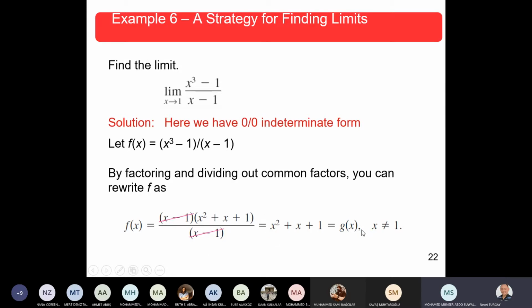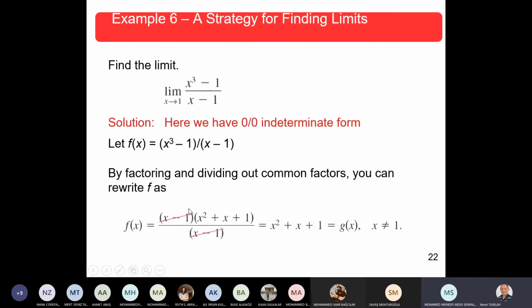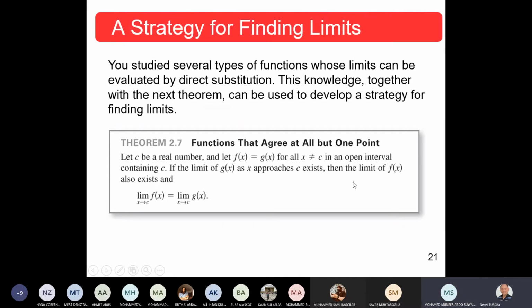Now after simplification you have g of x, for x not equal to 1, of course, because if x is 1, this is not defined. So what this theorem says is that the limit of this is equal to the limit of the simplified form.